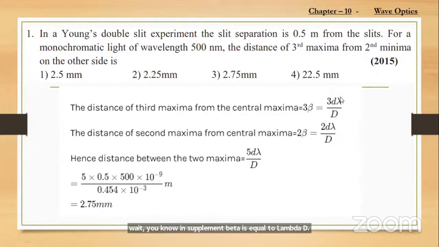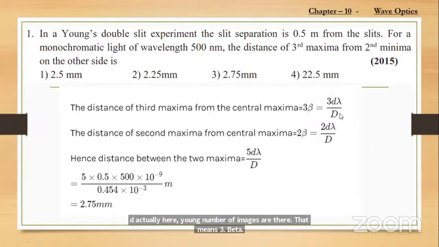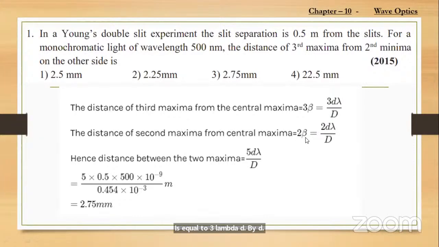The third maximum is at 3 beta, that is 3 lambda D by d. The second minimum is at 2 beta, that is 2 lambda D by d. So the distance between maxima and minima is 5 lambda D by d. The answer will be 2.75 mm.